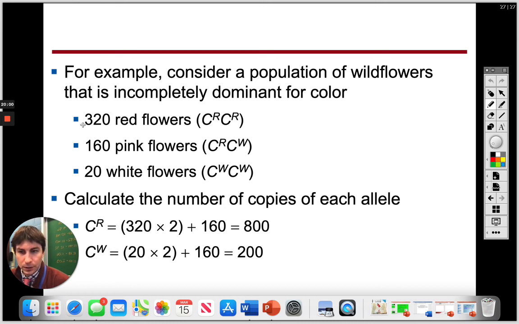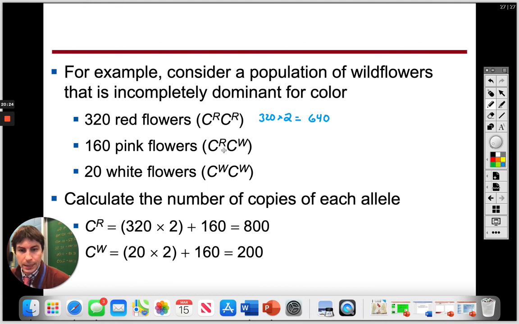We are going to calculate our total number of alleles altogether. So we have 320 for red. If we have 320 red, we have to multiply this by 2 because each one has 2 dominant alleles. So 320 times 2 equals 640.